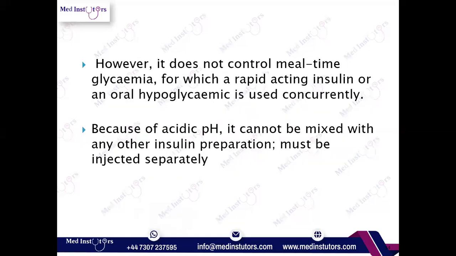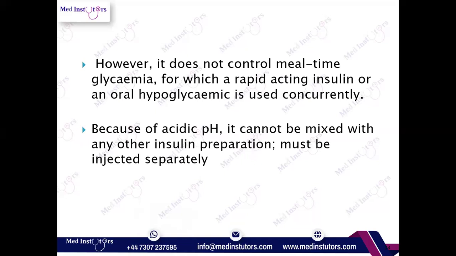However, it does not control the mealtime glycemia. For that, we require the rapid acting insulin or the oral hypoglycemic agents. Nowadays, we don't use the term oral hypoglycemic agents. We use the term oral anti-diabetic agents, which are used concurrently. Because of acidic pH, it cannot be mixed with any other insulin preparation. It must be injected separately. Remember that pH 4.